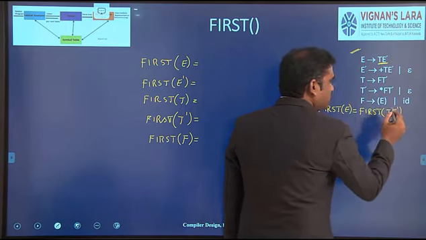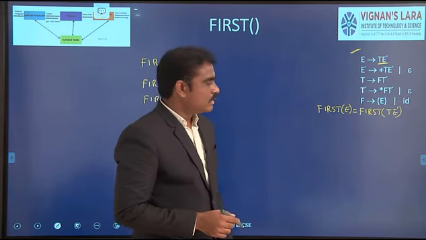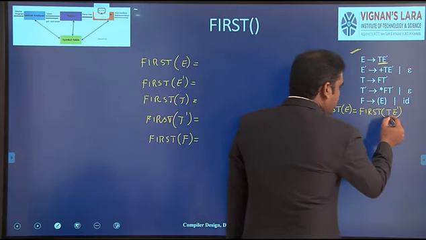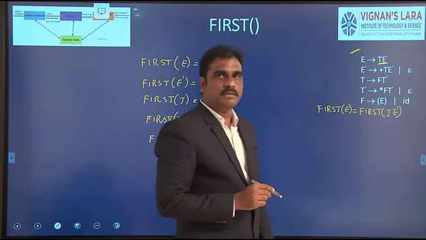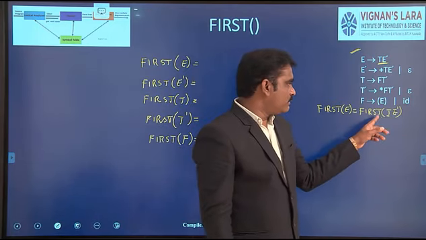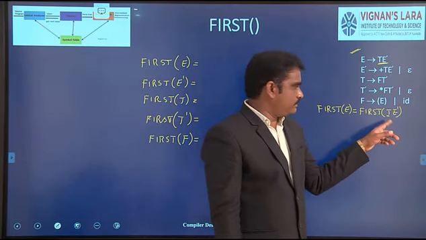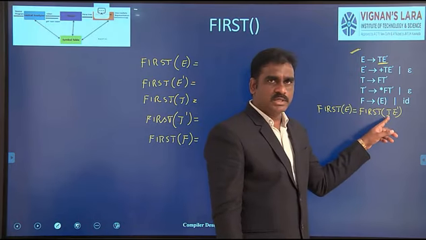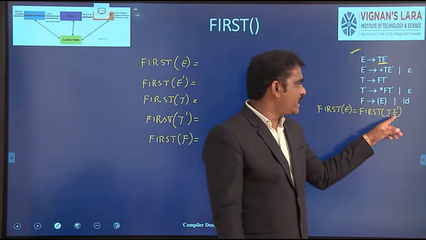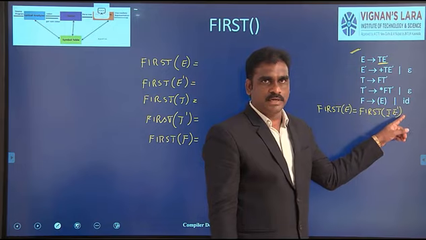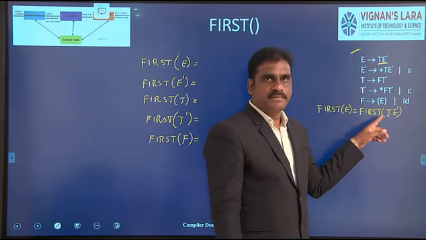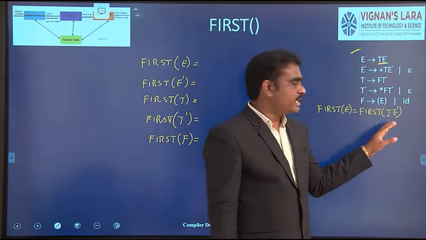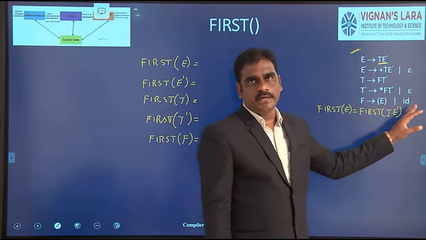Two consecutive non-terminal symbols, so what is our rule? First find first of T. If the first of T contains epsilon, then you add the union of first of E dash. If the first of T does not contain any epsilon symbol, then there is no need to add E dash.